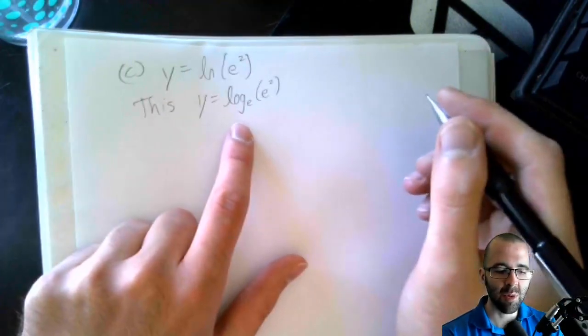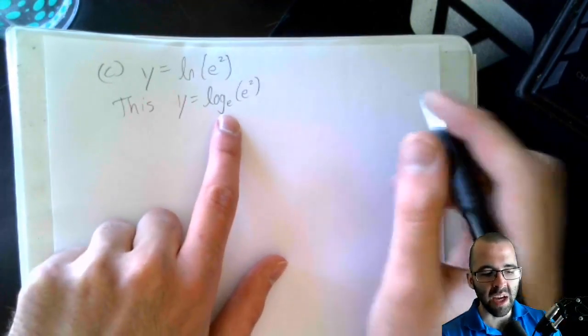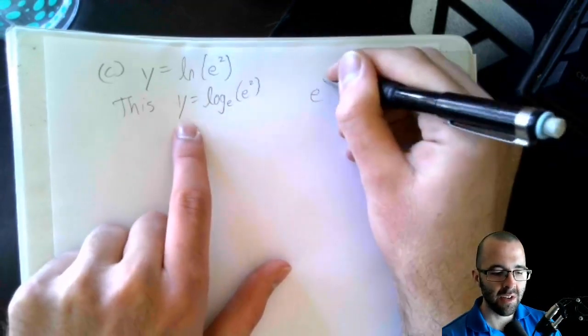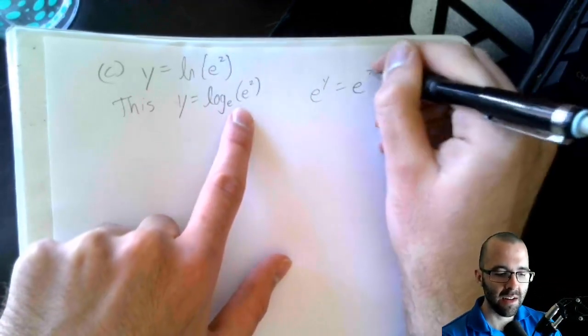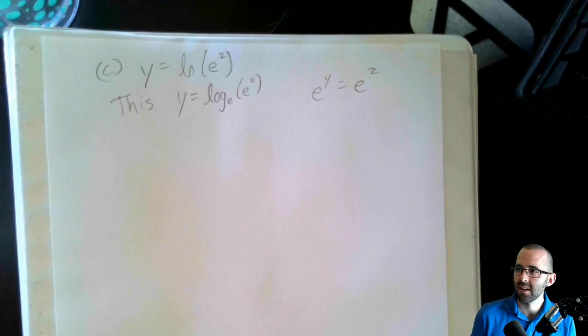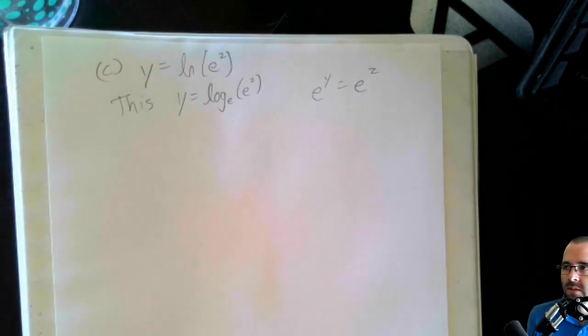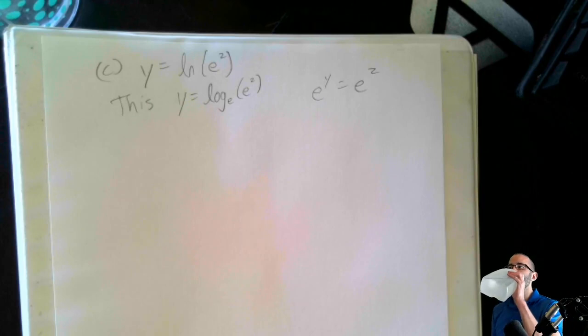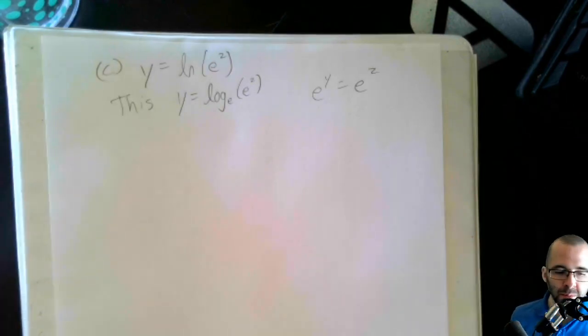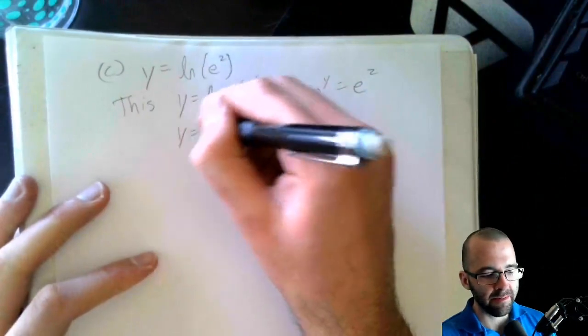So how do we write this as an exponential equation? Well, the base of the log is e. e to the y equals the inside. So what's our answer for part C? Two. Yep. Perfect.